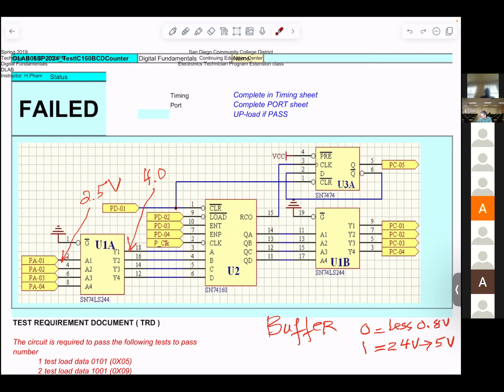The thing is, I don't want you to build the circuitry and then run it just to see whether the wiring is okay or not. We don't want to do that. If you have already built it, go ahead and test it. Don't try to take anything off the wiring.